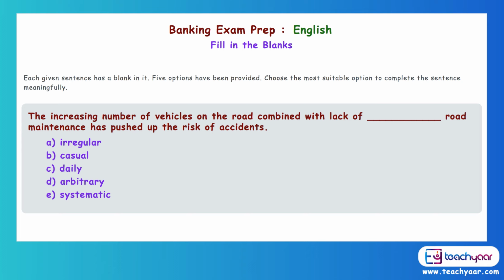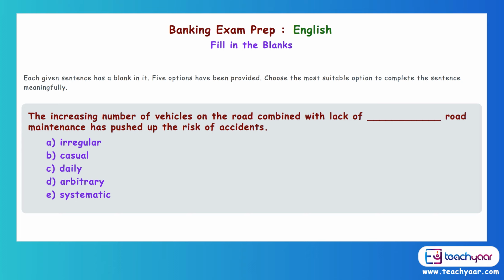No. Lack of arbitrary. What is arbitrary? Something which is not organized, which is very haphazard. And what is E? Systematic. Lack of systematic road maintenance. Because road maintenance is a big job. Now, how do you do that? If you have a very orderly system, a very organized way to do it, it becomes easier.